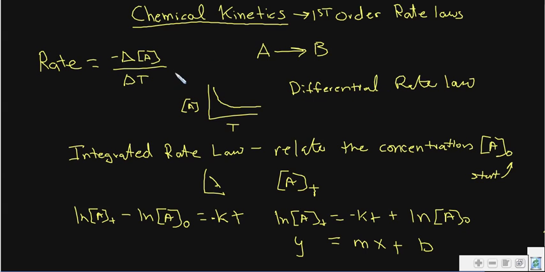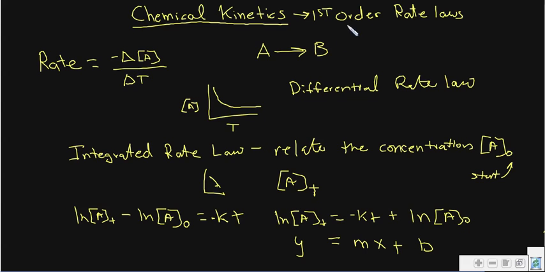And so let's look at what we call first order rate laws. Now before we get into too much detail on what that means, first order versus second order versus third order, let's just go ahead and look at it mathematically and talk about it right here.